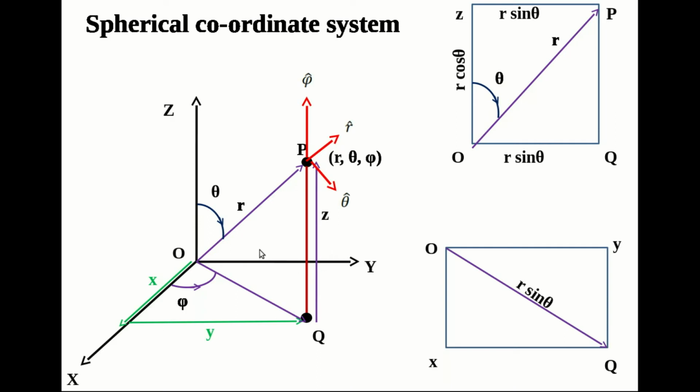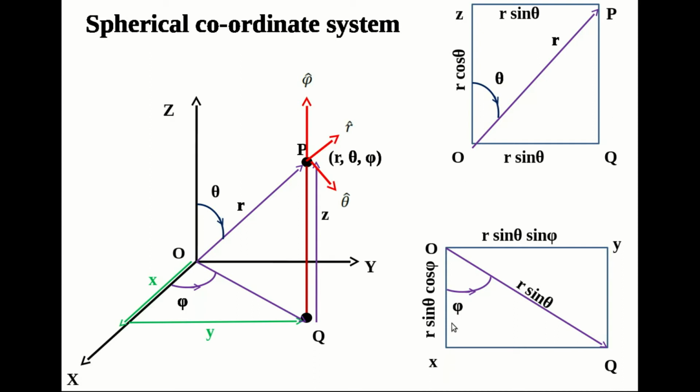From this figure, we can see that the angle XOQ is phi. From this right triangle, XQ or OY, which is the y coordinate, is the opposite side and OX or x coordinate is the adjacent side. So XQ or OY will be equal to R sin theta sin phi and OX or x coordinate will be equal to R sin theta cos phi.